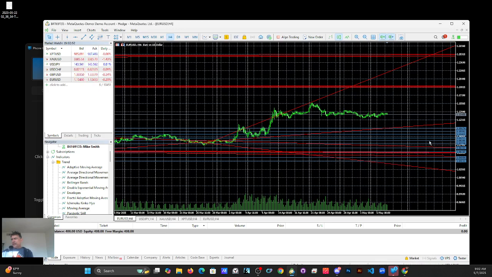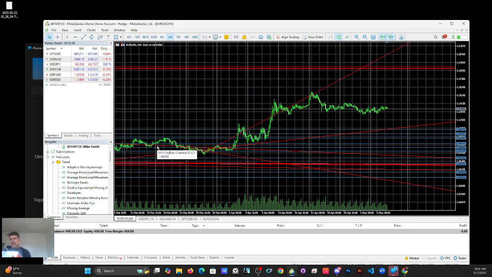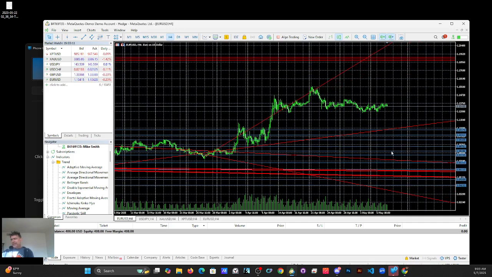lines. So in previous videos, I said that these lines represent price at some point having to return to them as they are median values. But they can also act as support, as a resistant.